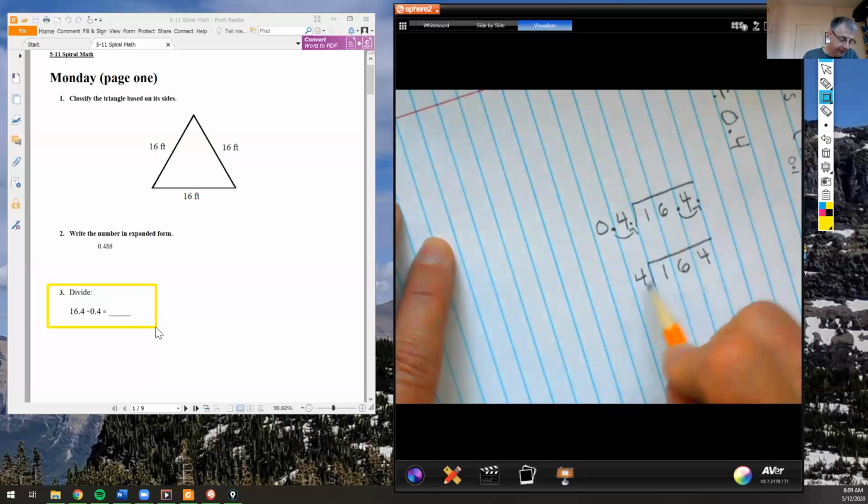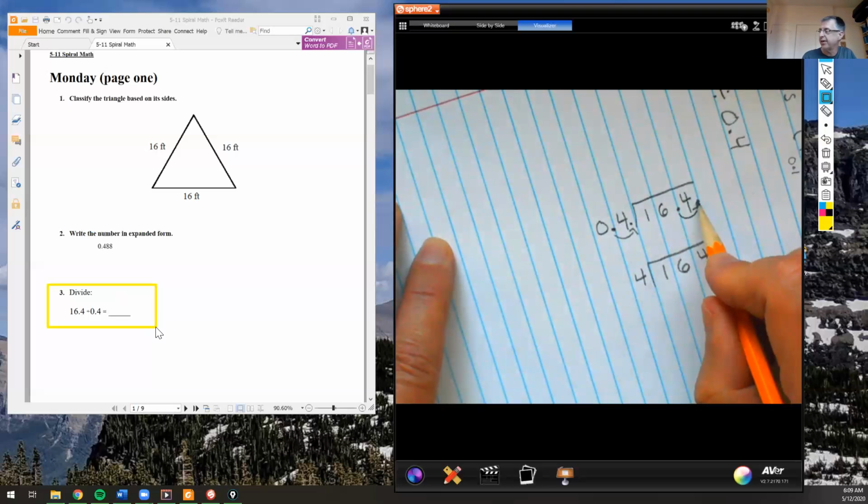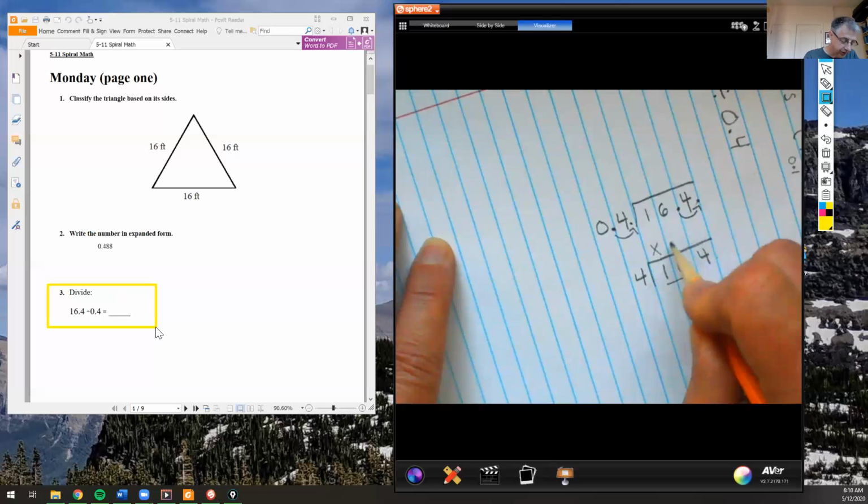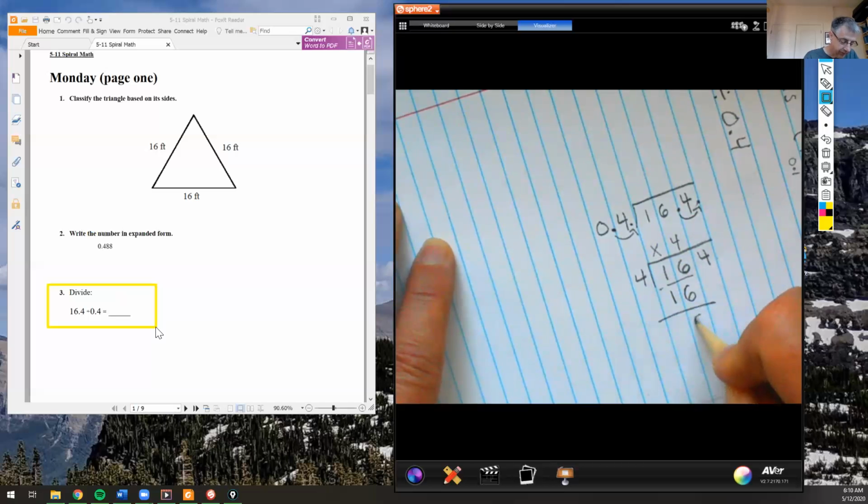So now I can go ahead and divide. Since the decimal's at the end here, I don't need to put it anywhere down here. 4 goes into 1 zero times, so I put an X to show I'm not multiplying anything. I'm going to then look at 16. 4 times 4 is 16, and that has no remainder.